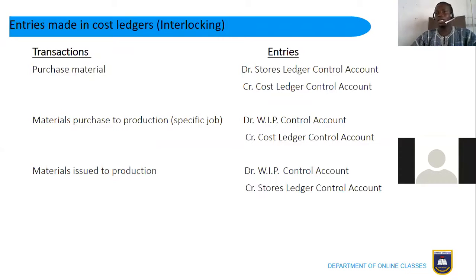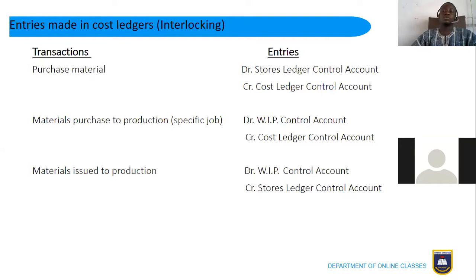That's the financial ledger and the cost ledger. Okay, so two separate books are being maintained under the interlocking cost account system. And then you need a common ledger to link these two accounts together, which is the cost ledger control account.